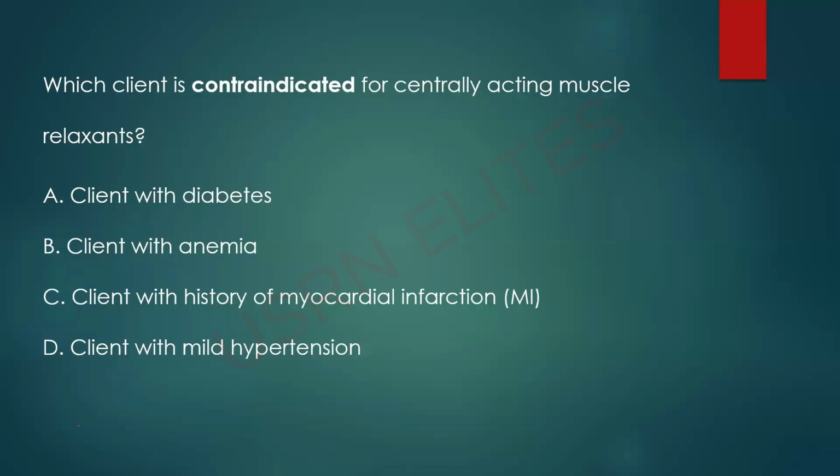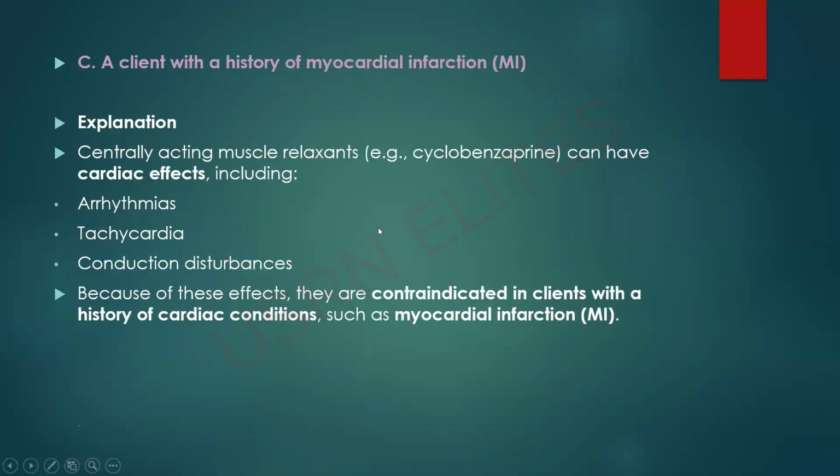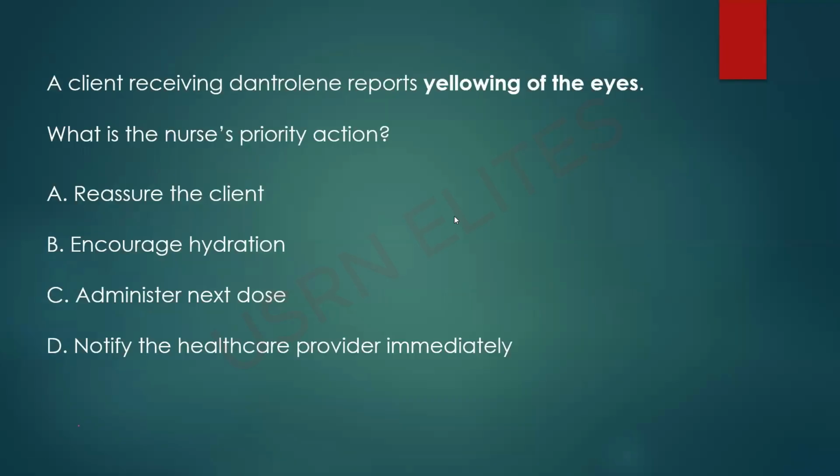What answer will you pick? I'll go for C. C, which is client with history of what? Myocardial infarction. Okay, do we all agree? Yes, sir. Thank you, Adoma. So that is it. The next question, and I'll call another person.